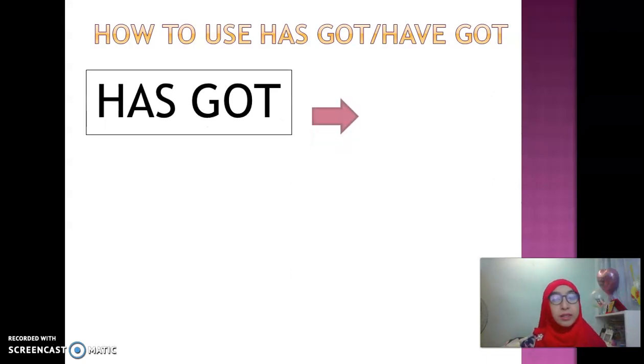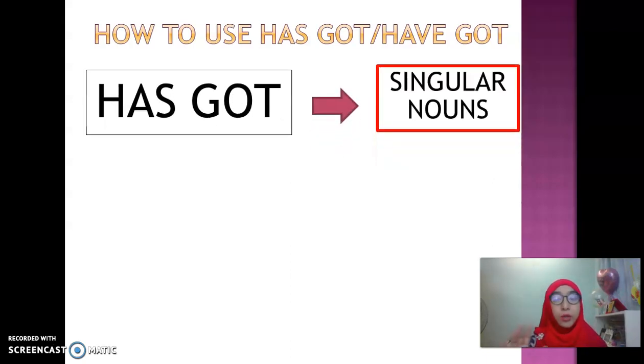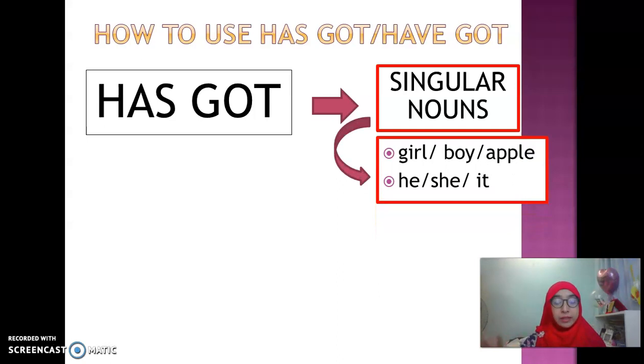Has got. Okay, for has got, we use it for singular noun. So remember, singular noun is one person, one object, one building, one animal, one. Singular noun is one. So for example, how do we recognize if it's a singular noun? So you have here girl, boy, apple, he, she, it.